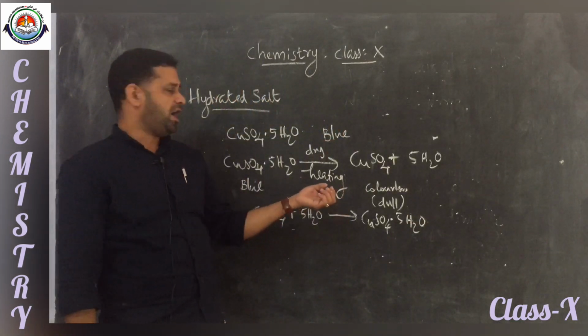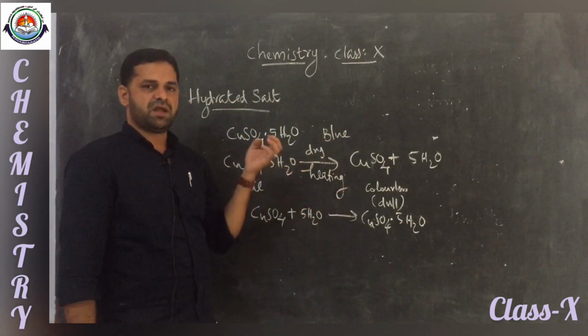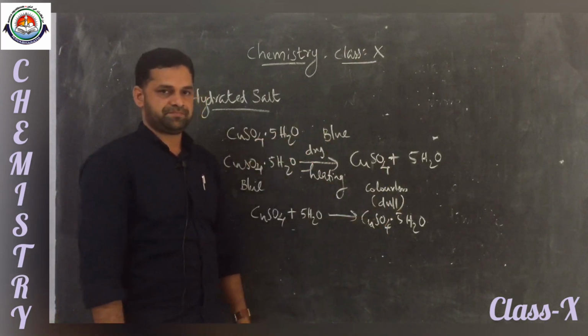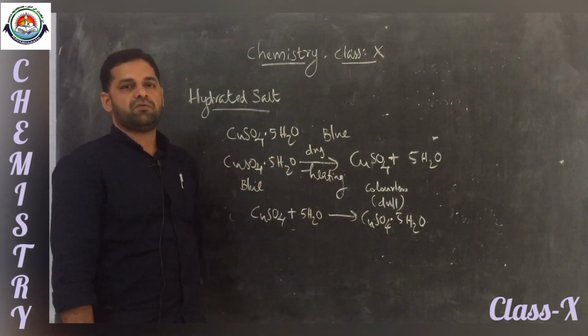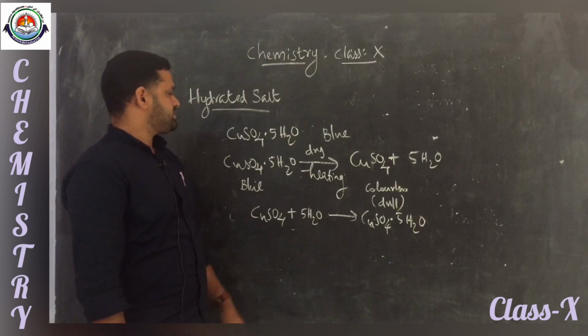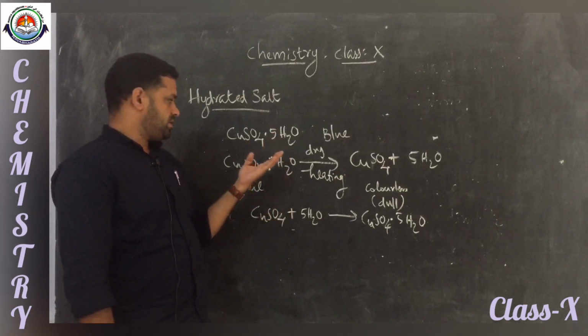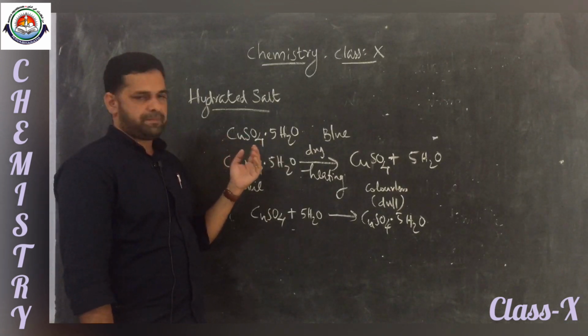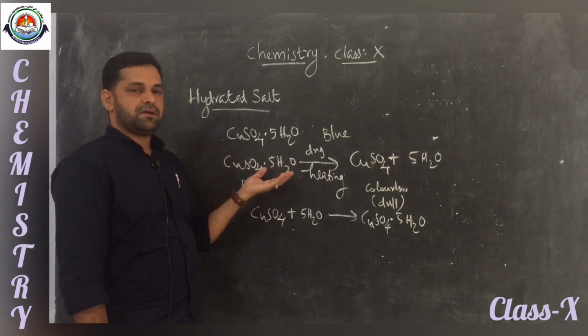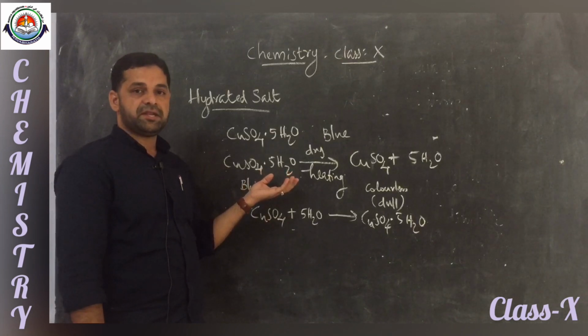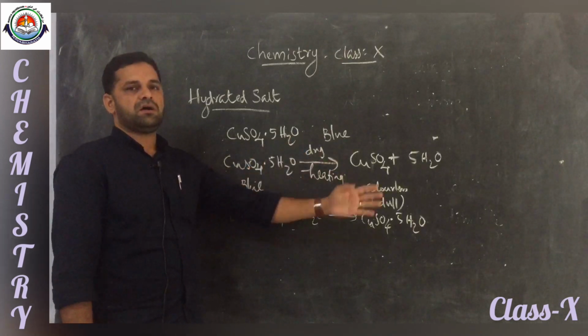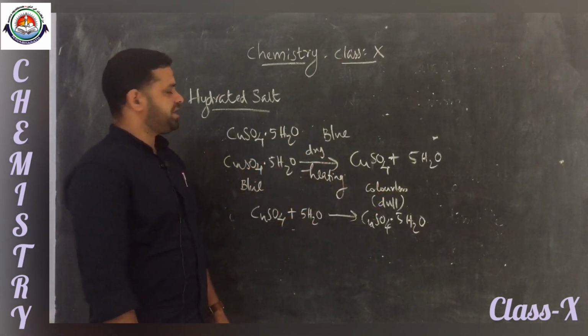So these water molecules impart color to that particular salt. This is called hydrated salts. Examples of hydrated salts: sodium carbonate decahydrate, copper sulfate pentahydrate, calcium sulfate dihydrate, that is gypsum, etc.